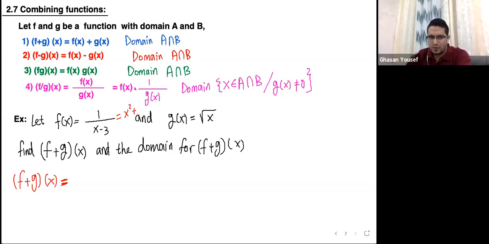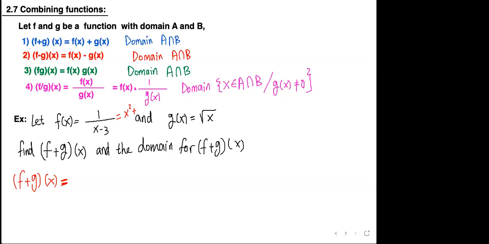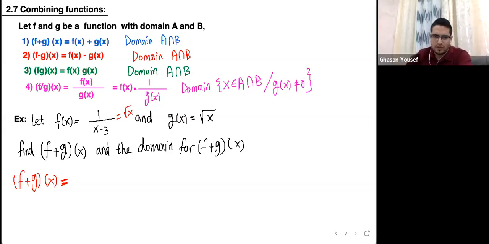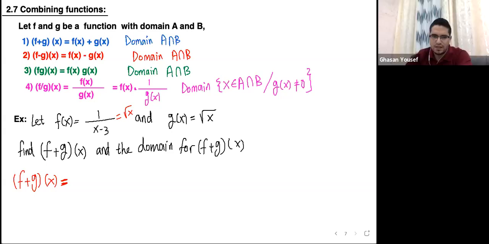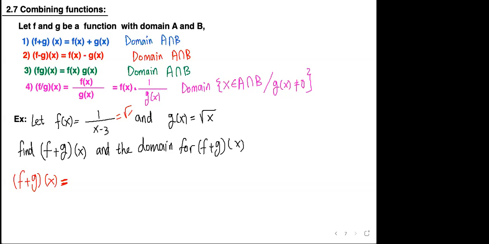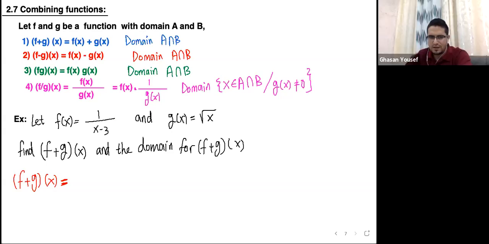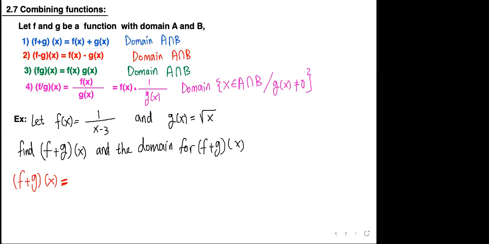The question is find f plus g. Find the adding of the functions f of x and g of x. It's not asking to find that it is equal to the square root of x. So it's the same thing as 1 over x minus 3 plus square root of x, right? Exactly, that's it. Thank you.